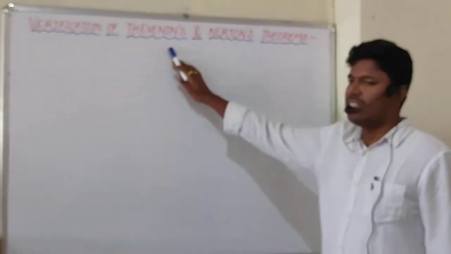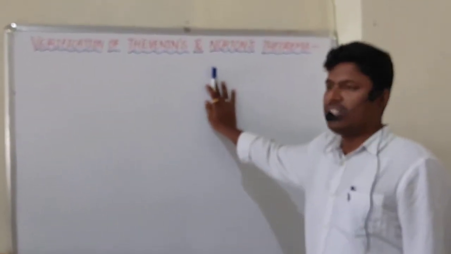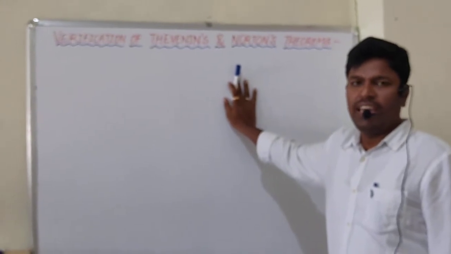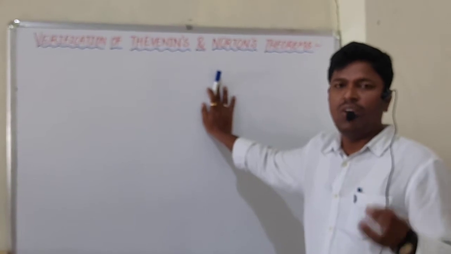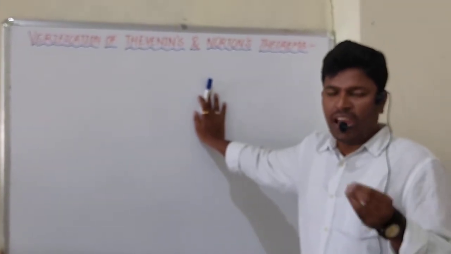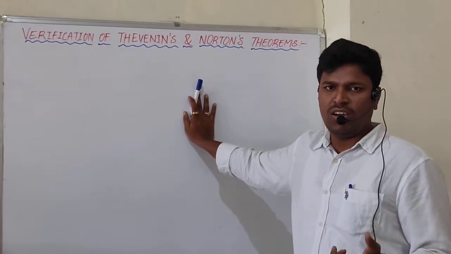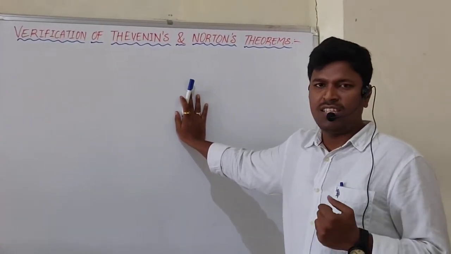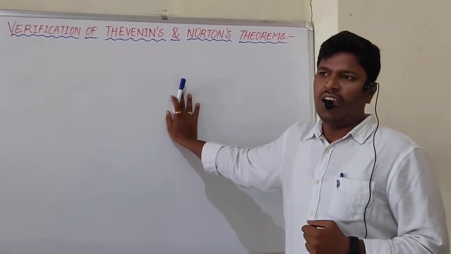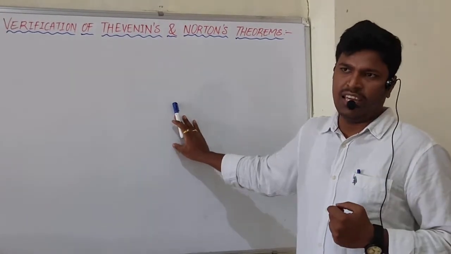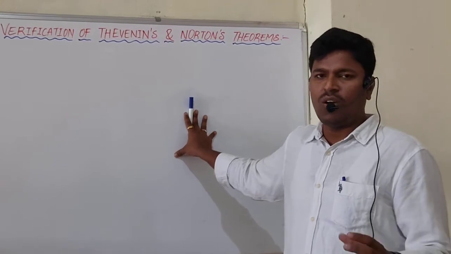So let me discuss the statement of Thevenin's and Norton's theorem, right? Thevenin's theorem states that a linear two-terminal network consisting of voltage sources, current sources and resistances can be replaced by an equivalent circuit consisting of a voltage source VTH, V suffix TH, TH means Thevenin's, in series with the resistance RTH, where VTH is the open circuit voltage across the two terminals.